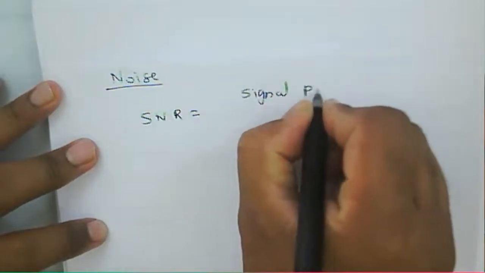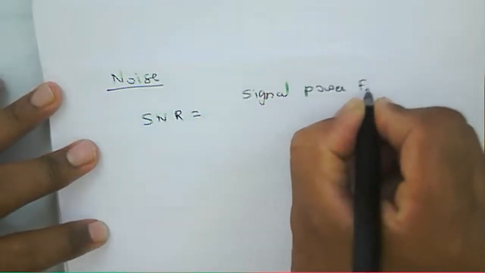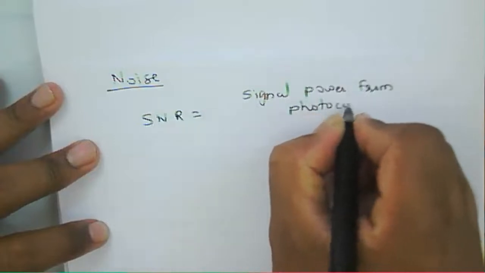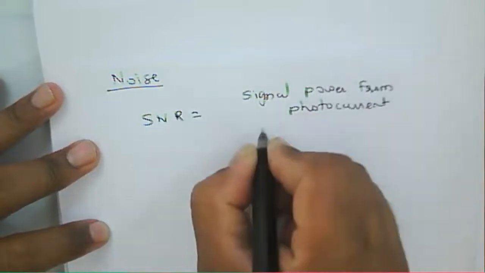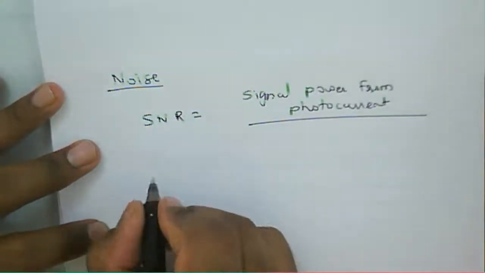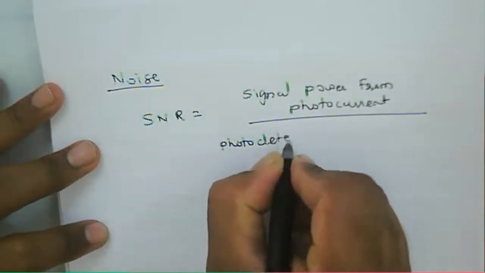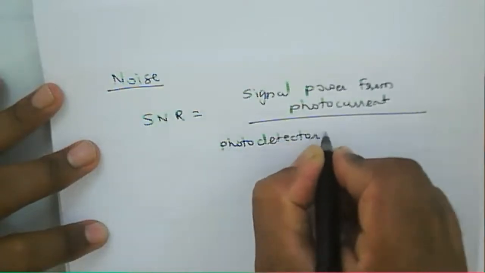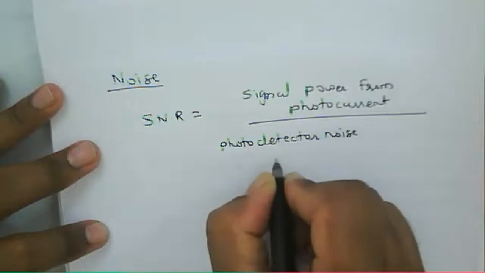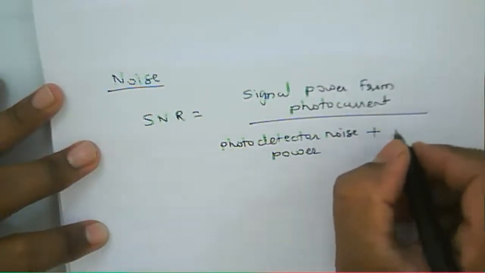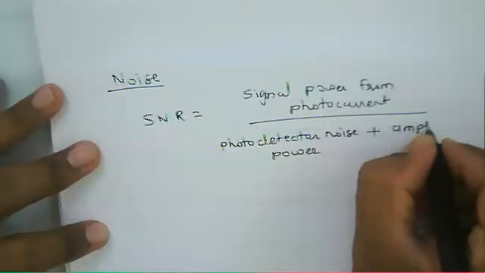That will be the signal power from the photo current divided by the photo detector noise power plus the amplifier noise power.